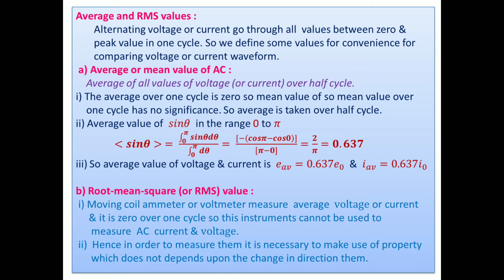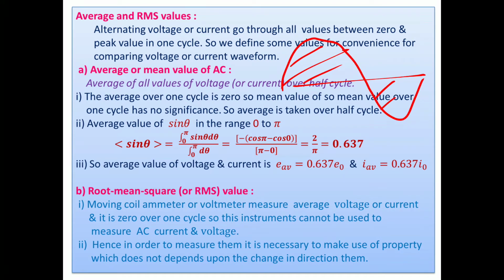So we come across certain terms. First we go through the average or mean value of the AC. How can we take the average or mean value of the AC? Take the average of all values of voltage or current over a half cycle. Look, this is the half cycle and here is one complete cycle. For this half cycle, we take the average, or for this half cycle, we take the average.